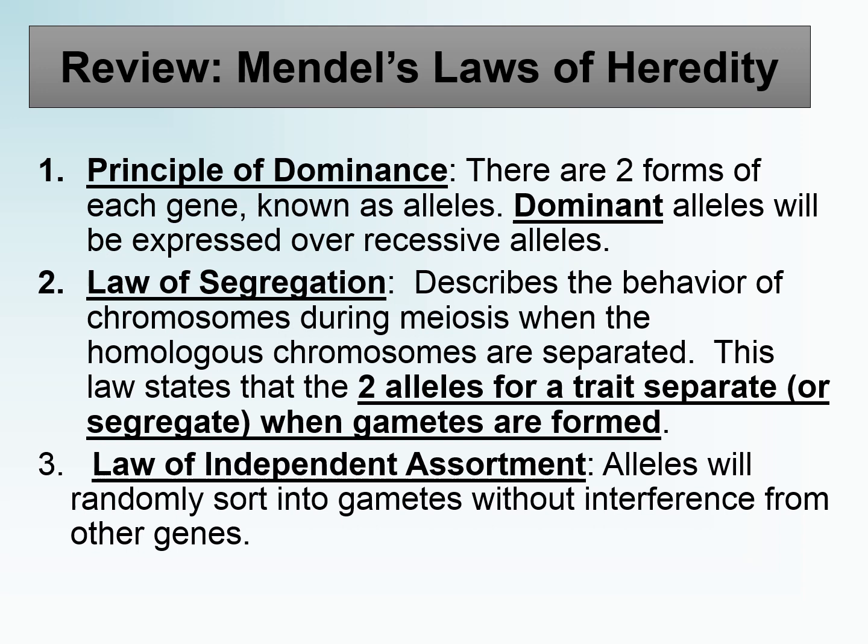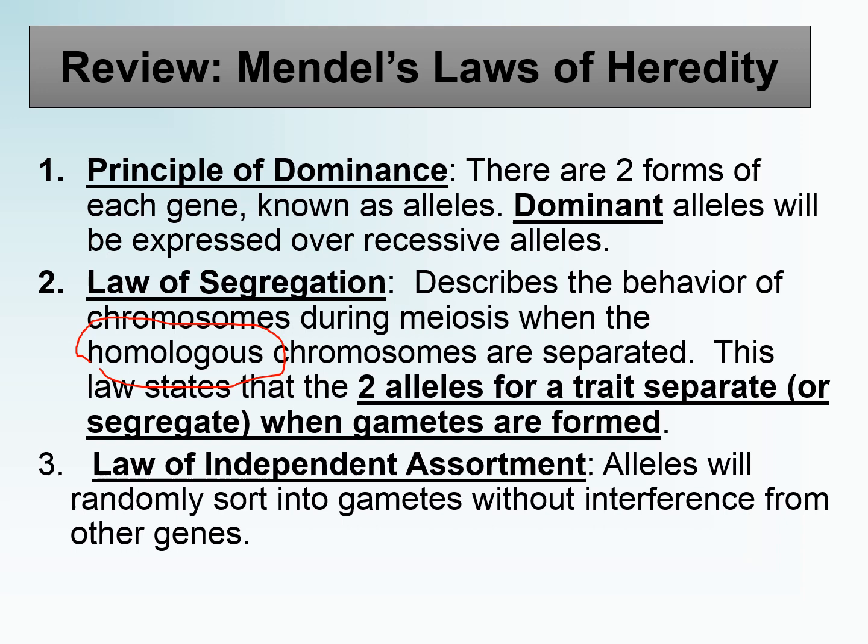The law of segregation describes the behavior of chromosomes during meiosis when the homologous chromosomes are separated. Remember homologous chromosomes. Think of that word homo. Homo means the same. Homologous chromosomes are going to be the same size, the same shape.